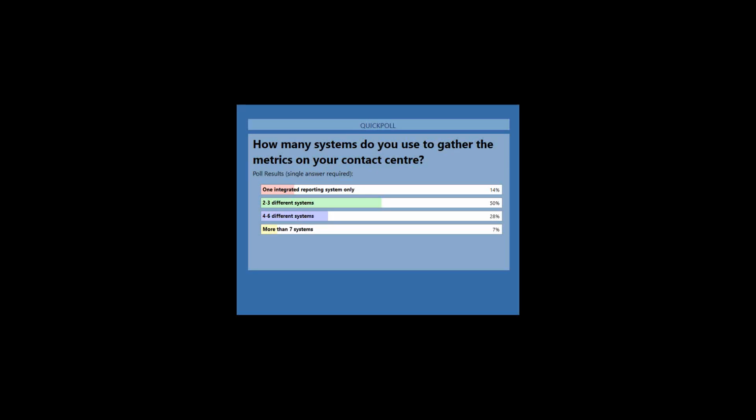So 50% say two to three different systems, 28% say four to six, 14% say one integrated reporting system, and 7% say more than seven systems. Was that what you were hoping for, Mike? Yes, I think it squares nicely with those thoughts.